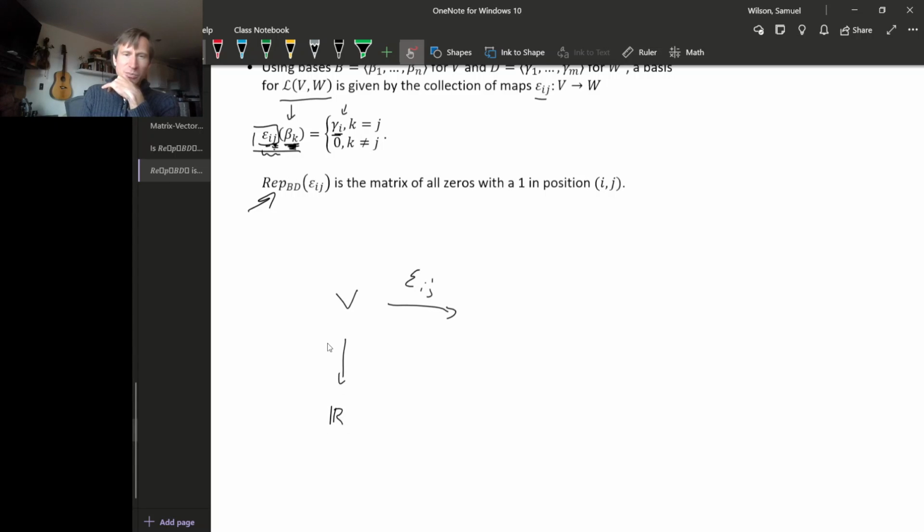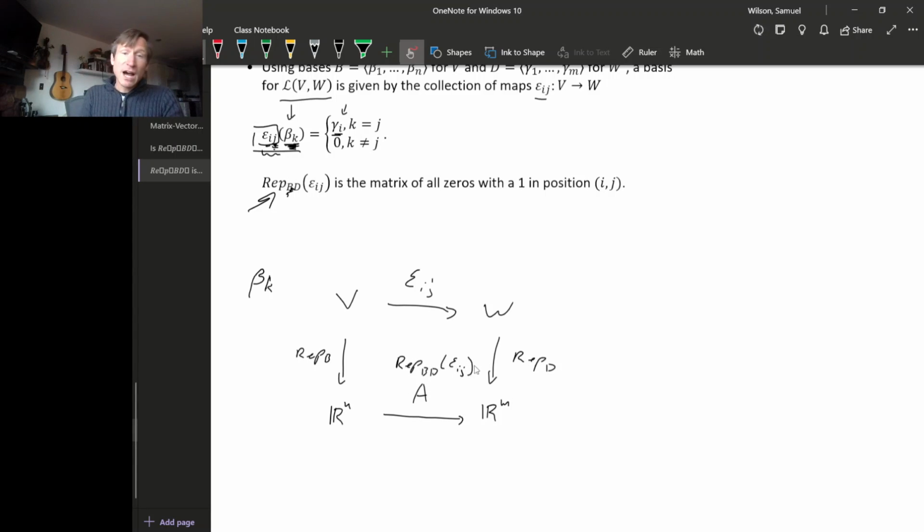V is isomorphic via rep B to R^n. W is isomorphic to R^m via rep D. And then in the bottom here, this is the matrix that we're trying to find. I guess I should write it out: it's rep BD of epsilon ij.